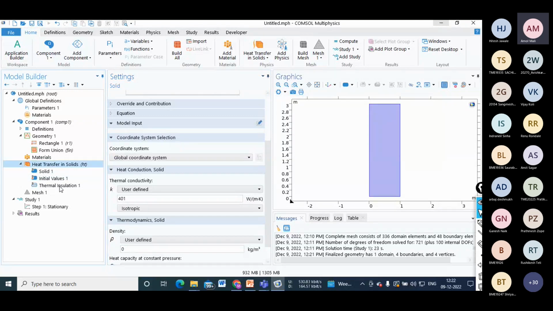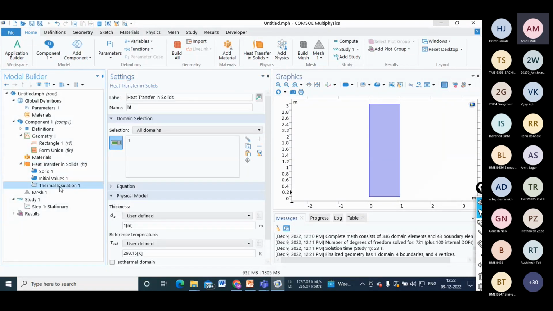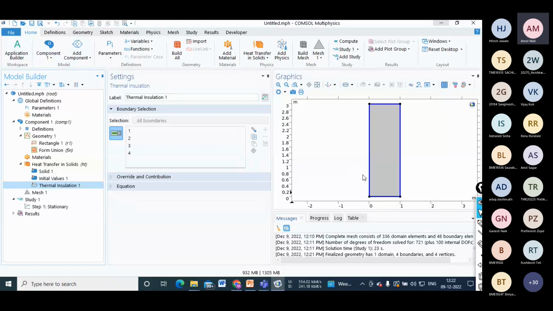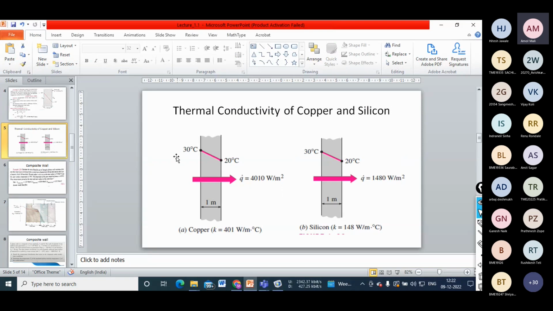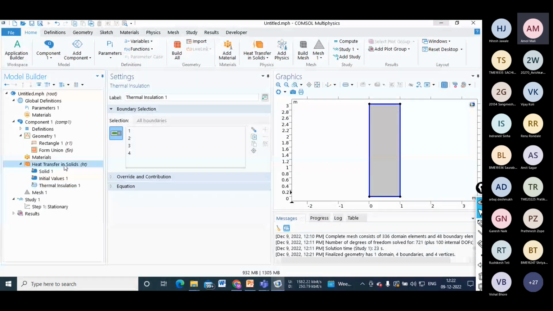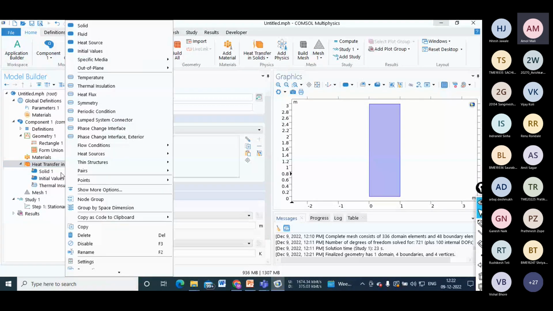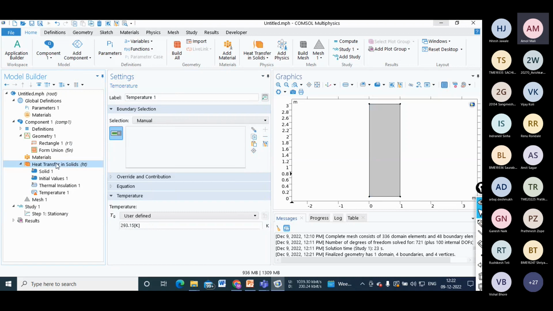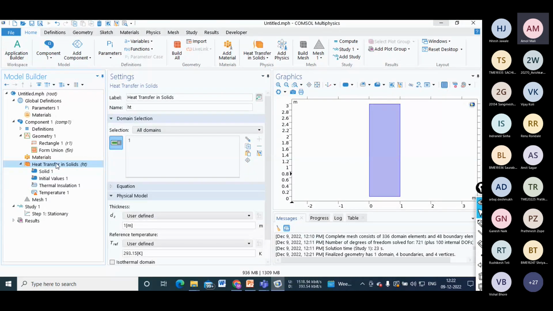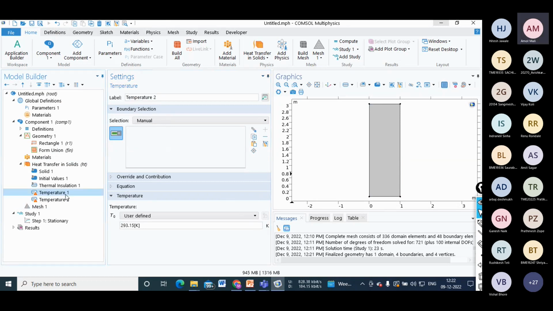Next to that, thermal insulation. By default it will take thermal insulation on all sides, but हम निकालते हैं कैसे, यहाँ पर देखेंगे. So here the higher temperature is this side and lower temperature is this side. जब हम टेम्परेचर देंगे तो इंसुलेशन वो बाय डिफॉल्ट निकाल देगा. So I will take two temperatures. Temperature 1 is how much? 30, 20.